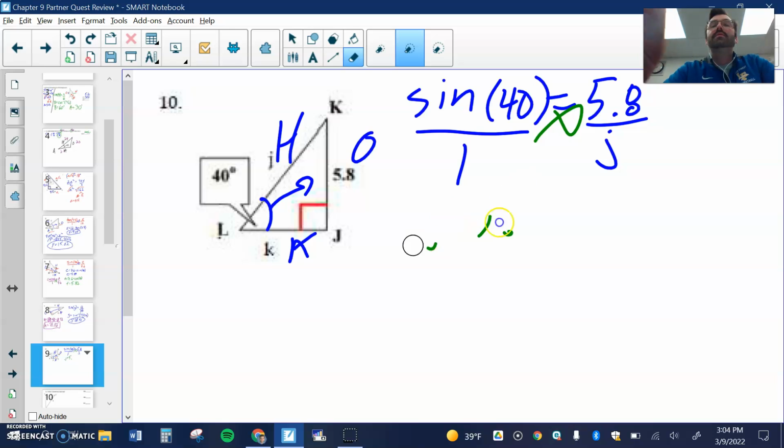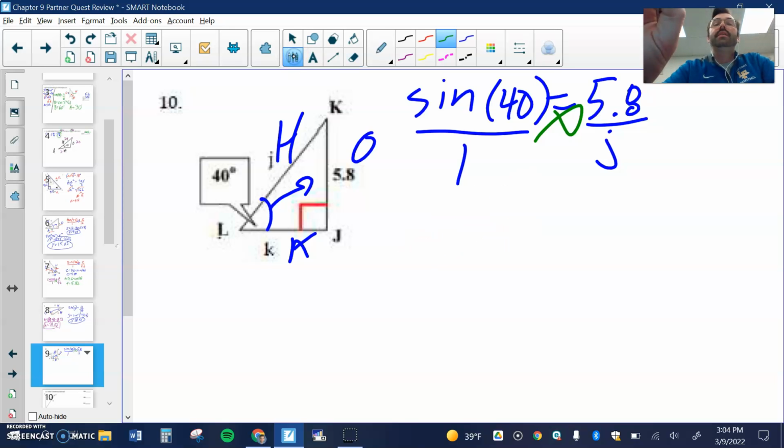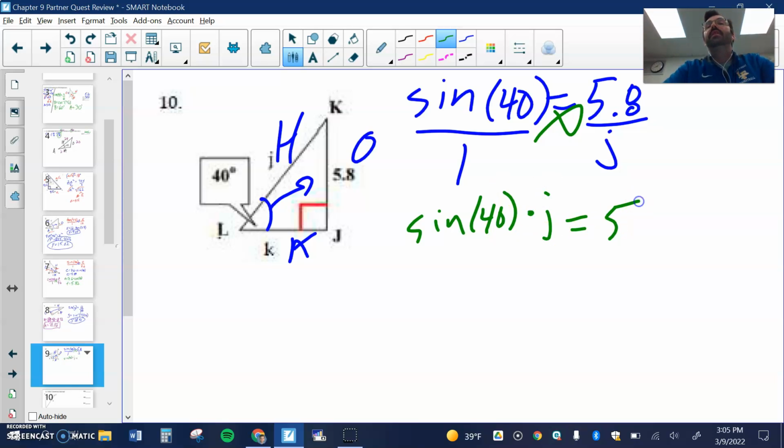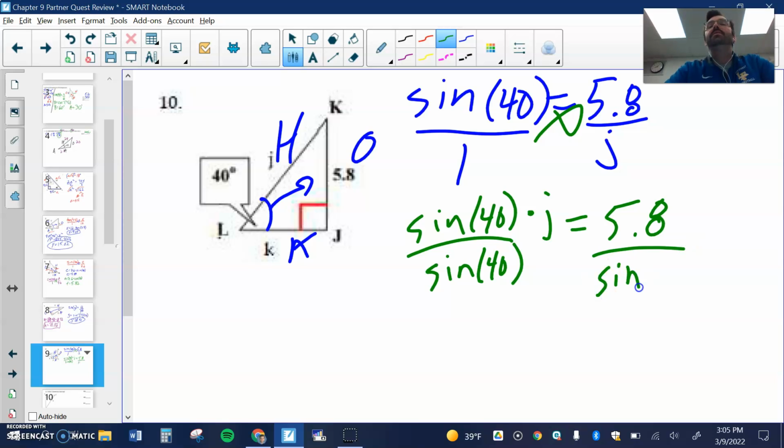Holy buckets, I did that wrong. Try it again. Sine of 40 times J equals 5.8. Divide both sides by sine of 40. Notice how J is in the denominator. That's how I know to divide, if people remember the shortcut. So J equals 9.02.